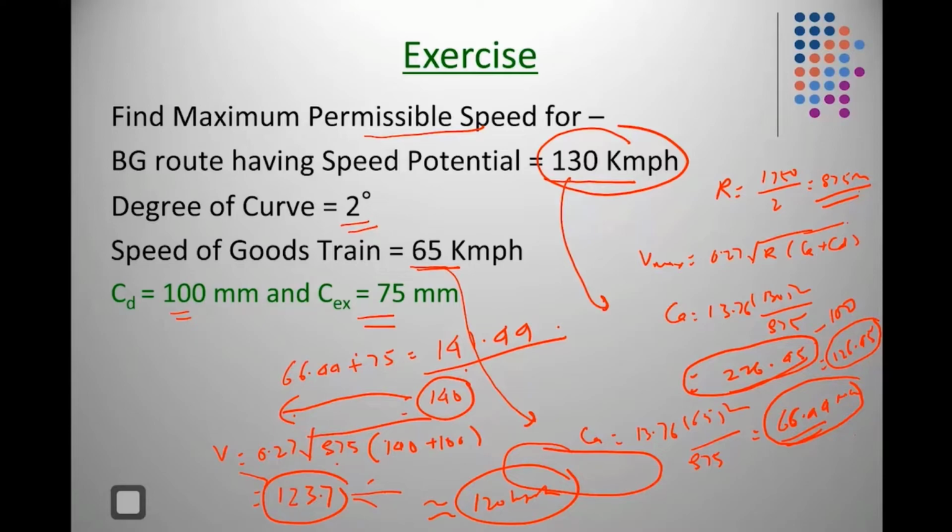ठीक है. अब देखो, तुमने कैंट प्रोवाइड कर दिया 126.45, ठीक है ना?